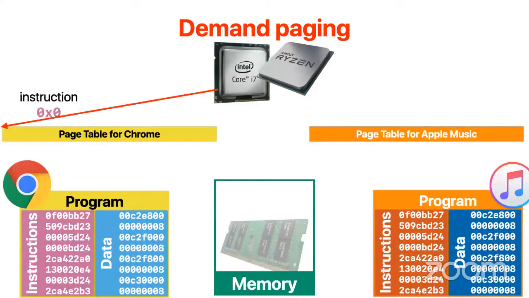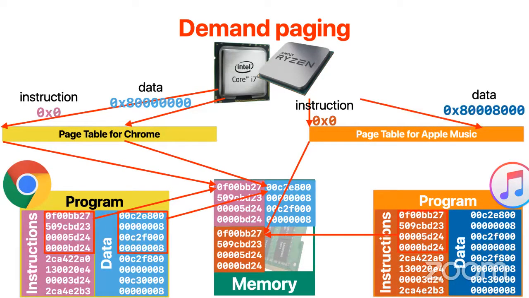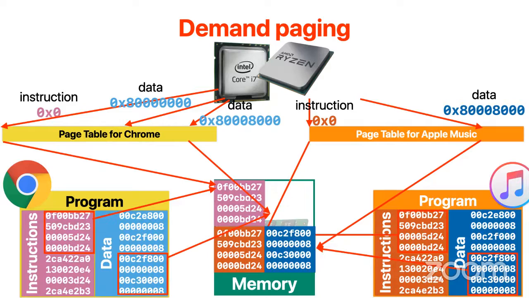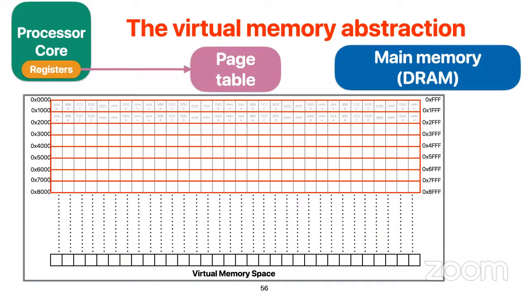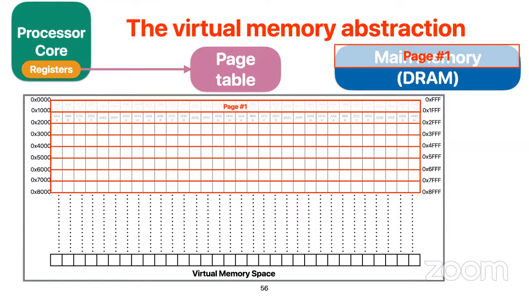An analogy is that virtual memory treats a memory page like a block in a cache. Because your data can go anywhere in memory, it's like a fully associative cache.